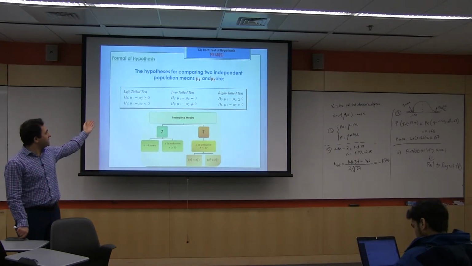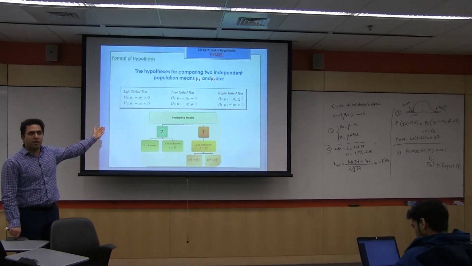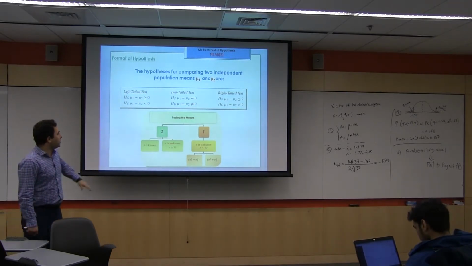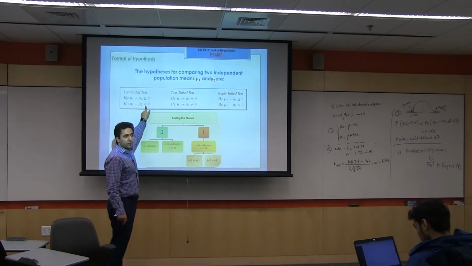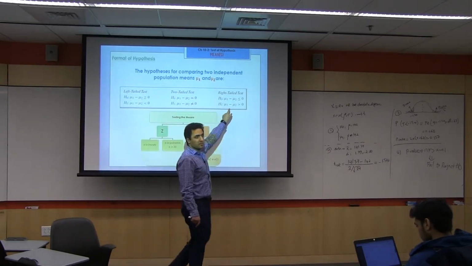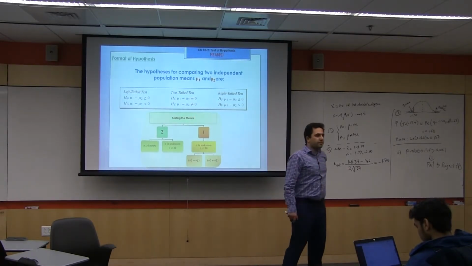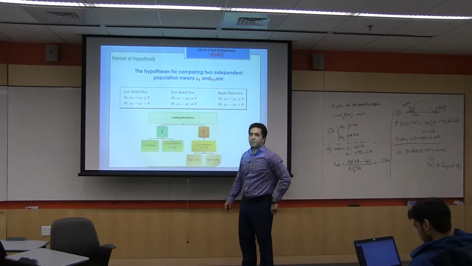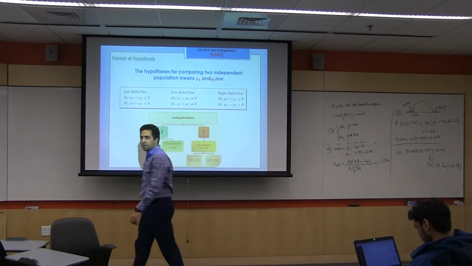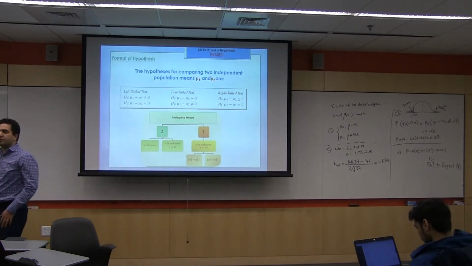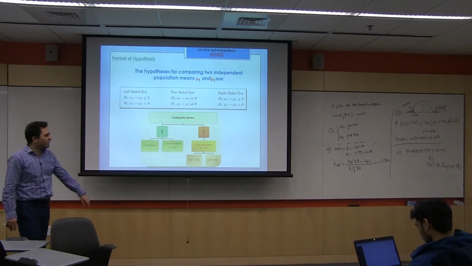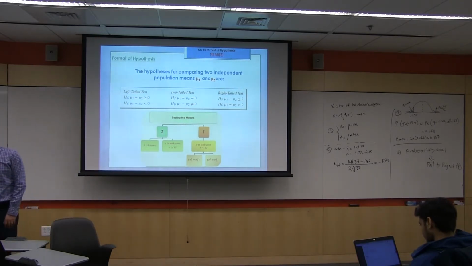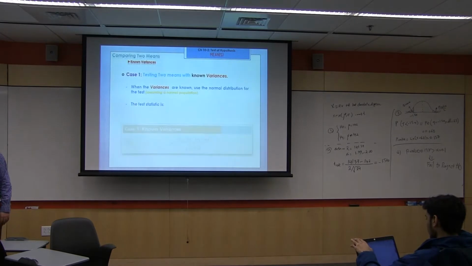For the left-tailed test, we have mu1 less than mu2, and for the right-tailed test, mu1 more than mu2. Why more than? Because I'm talking about the alternative, H1. I'm talking about these symbols. Depending on the type of the test, if I have known variance, I use Z. If I have unknown variance, I'm going to use T. And for the unknown case, we have the assumption of equal or unequal variances, the same thing we had for the confidence interval.